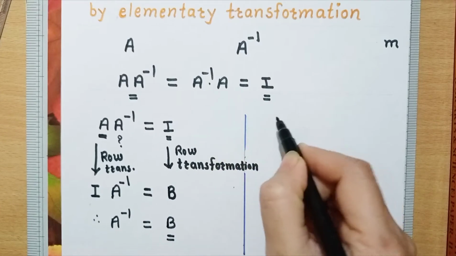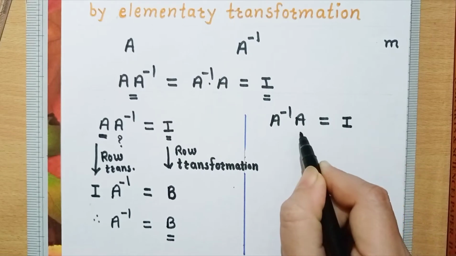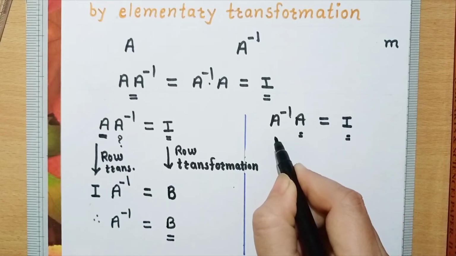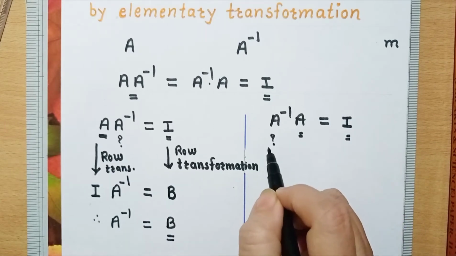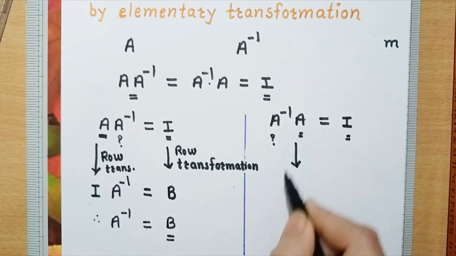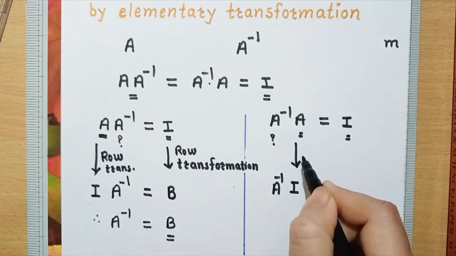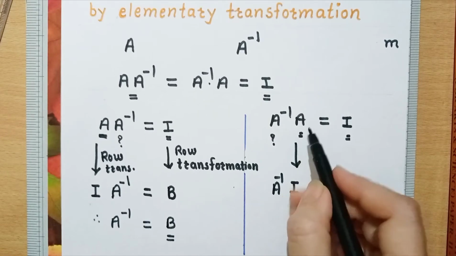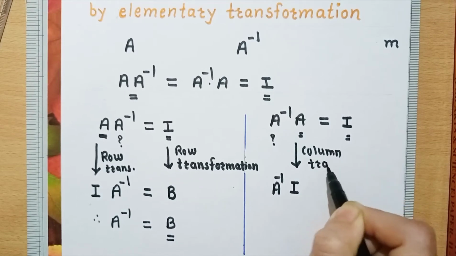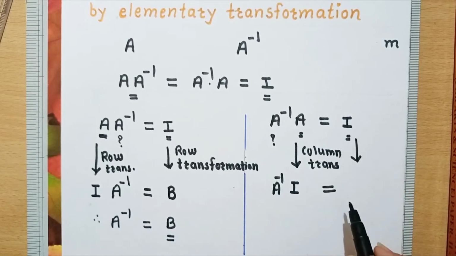Now if I start with this, that means A inverse A equal to I. Here also we know this A matrix and the identity matrix of the same order, and we want to find A inverse. In that case we will apply column transformations to A to convert it into the identity matrix and keep A inverse as it is, because it is enough to apply the column transformation to the post factor only. And the same column transformation we apply to the identity matrix.